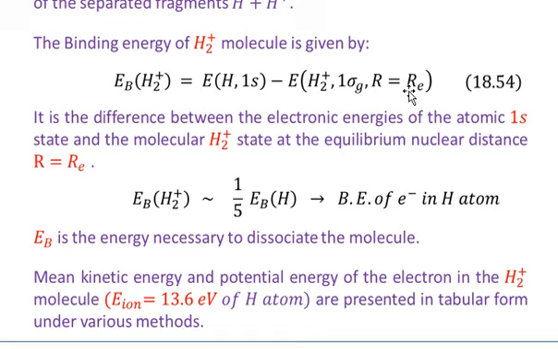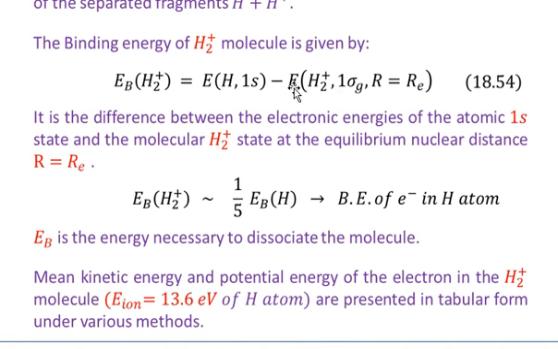You know that I have already discussed these sigma states, the 1 sigma g state, in the previous lecture. So when this singly ionized H2 molecule is in state 1 sigma g, its energy at R equal to R_e is mentioned here.